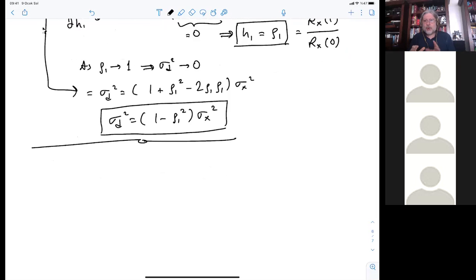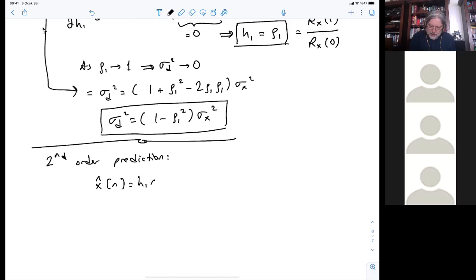I will also show some preliminaries of the second order prediction, and then we will generalize. The second order prediction, I'm not even going to derive, but I will tell you what the result is. We have a prediction x hat of n equal to h1 x of n minus 1 plus h2 x of n minus 2.